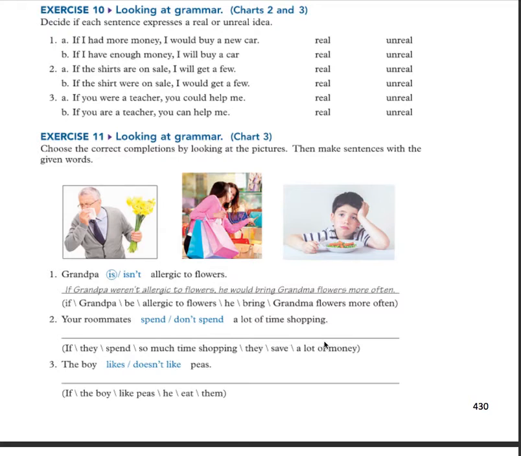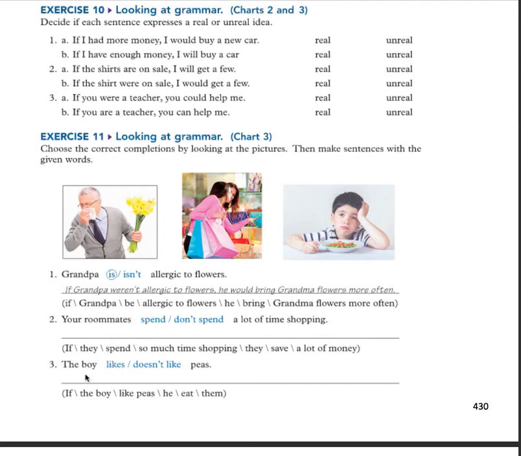Okay? So again, if they didn't spend, there's your simple past in the if clause, so much time shopping, comma, they, in the result clause, would save a lot of money.